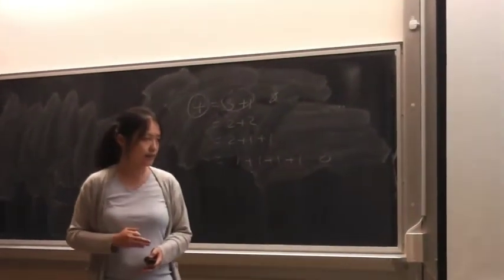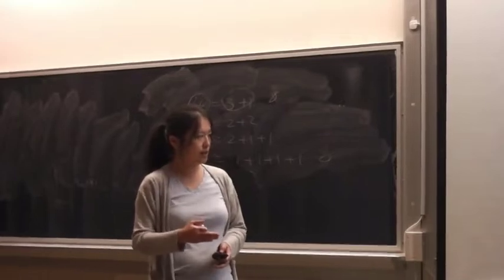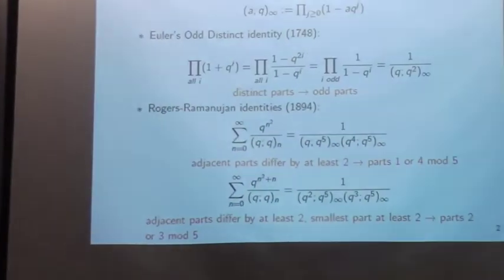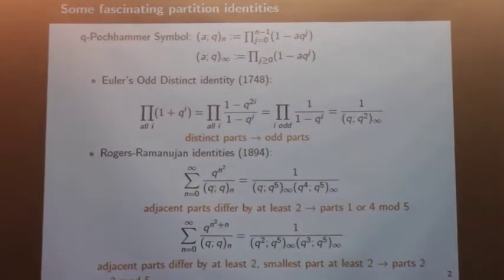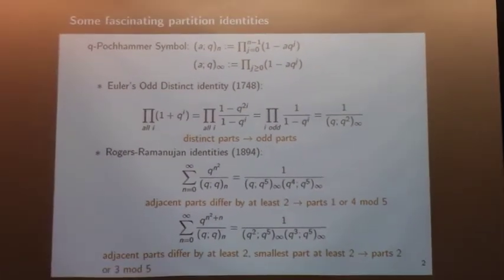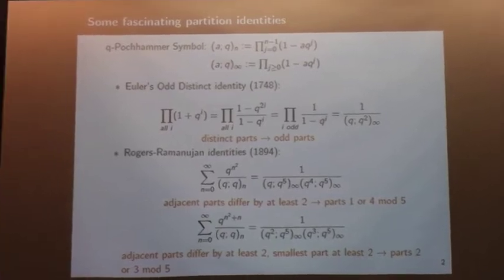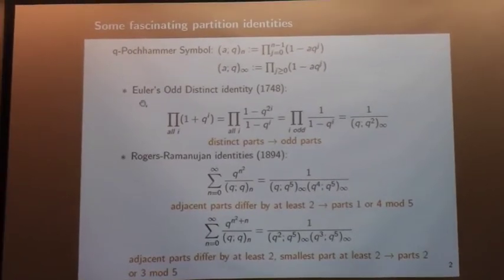And the second one says the number of ways to partition an integer into parts such that adjacent parts differ by at least 2, and in addition, the smallest part is at least 2, is the same as the number of ways to partition that same integer into parts that are 2 or 3 mod 5. Okay.